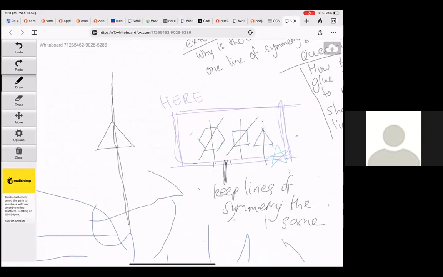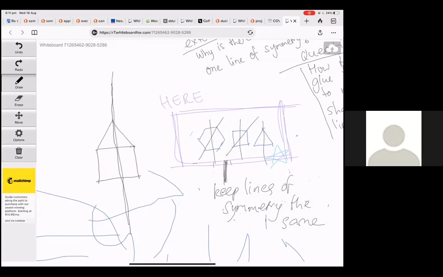So how can we draw the square? What do I have to attach it to? A triangle? Okay, so you mean you want to make the square like this? Is that what you're saying?